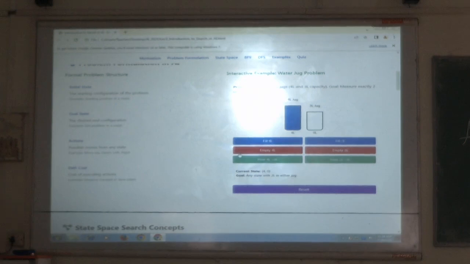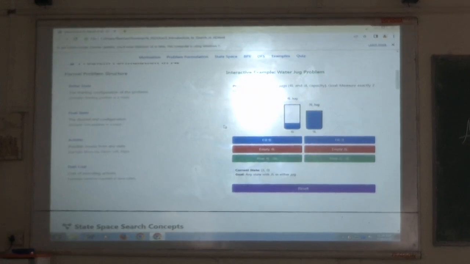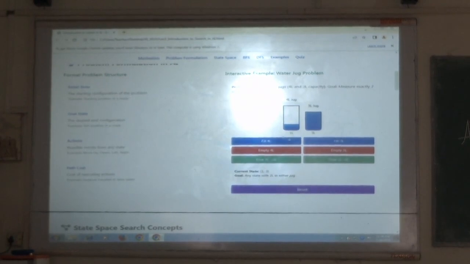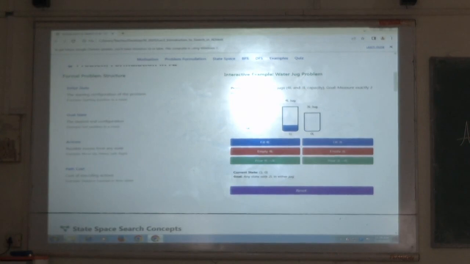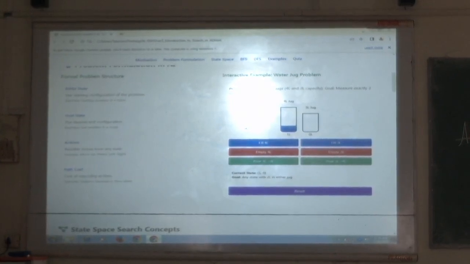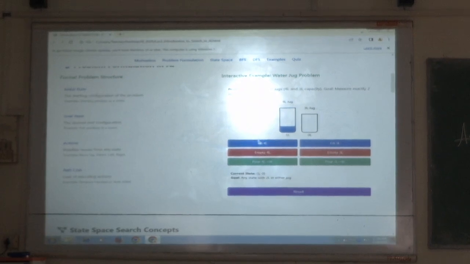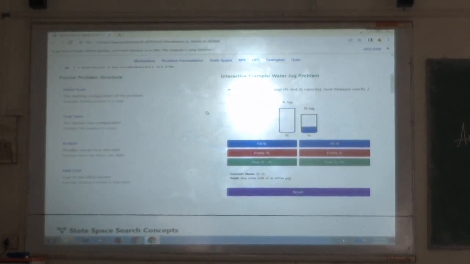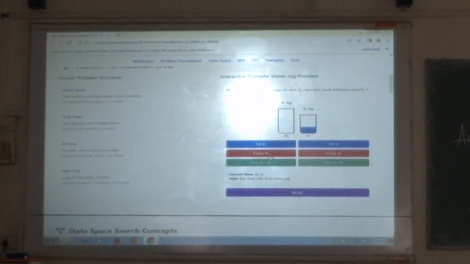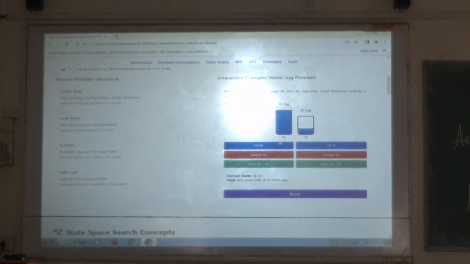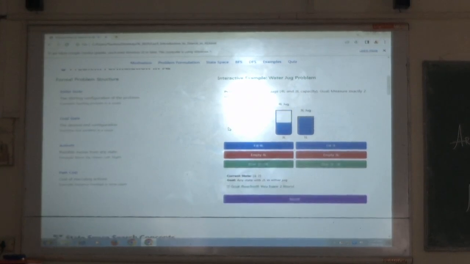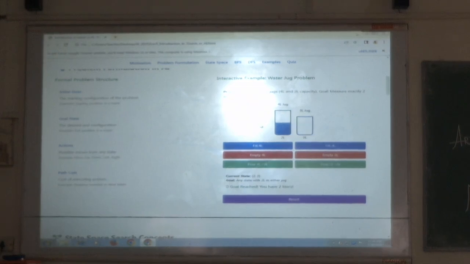So then 4 to 3. Then empty 3. Then 4 to 3. Then fill the 4 liter. So here now it is 2 liter space is there. So then again 4 to 3. Then empty 3. So this is also a solution.